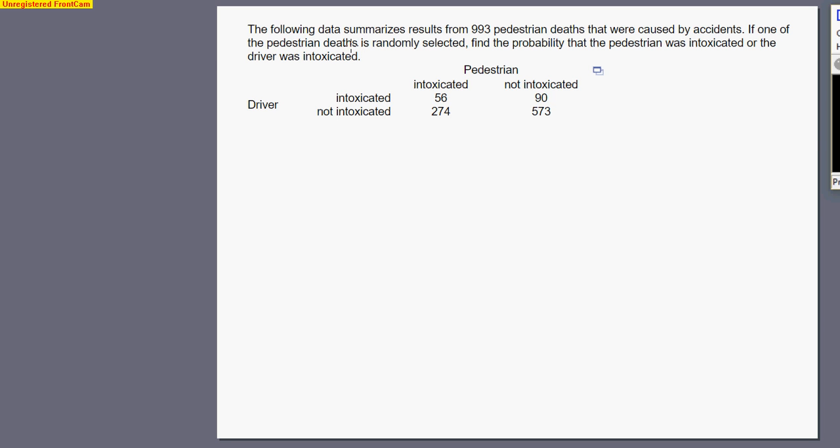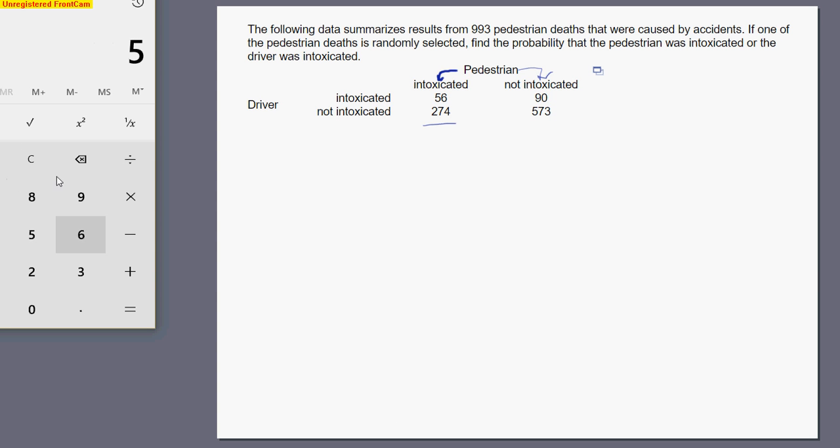So taking a quick look at our table here, we can see that our pedestrians are broken up into two groups. There are the intoxicated pedestrians and the not intoxicated, in other words, sober. If we add up these numbers, 56 plus 274 is equal to 330.